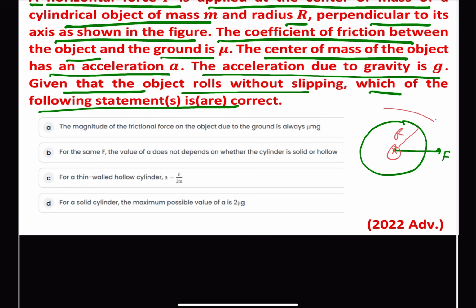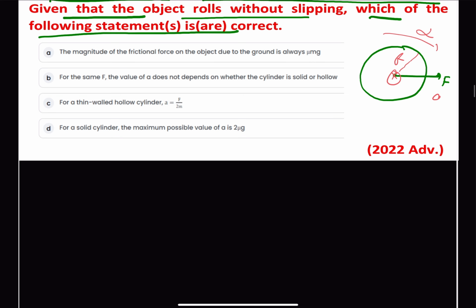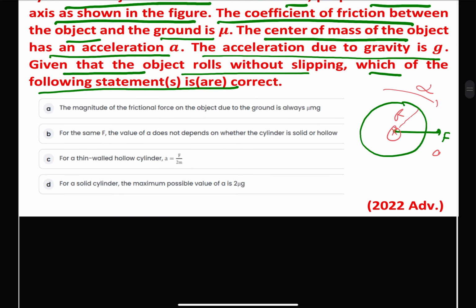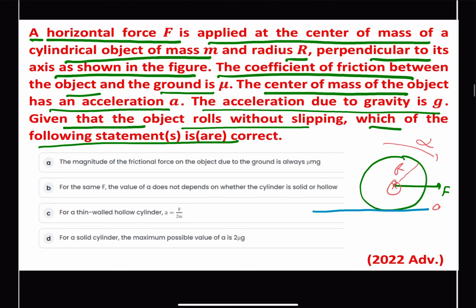So let us suppose it has angular acceleration alpha and a linear acceleration of a. So it is going to have two types of motion, translational as well as rotational. And we have a surface on which it is going to move without slipping.